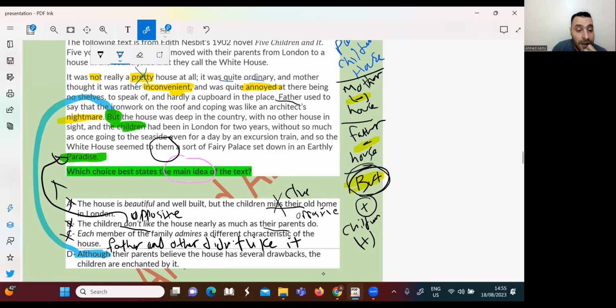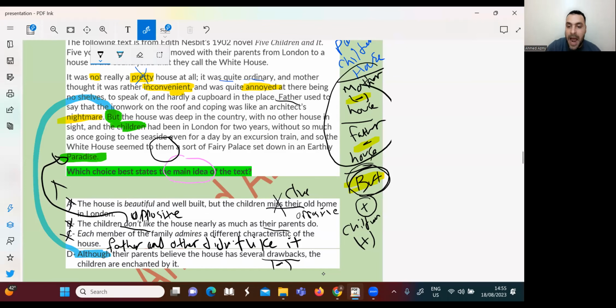Below, although also shows a contrast relationship. Explain, read and explain. Although their parents believe the house has several drawbacks, drawbacks, is this positive or negative? Negative. Was it true in the text? Yes, the father and the mother had negative feelings.